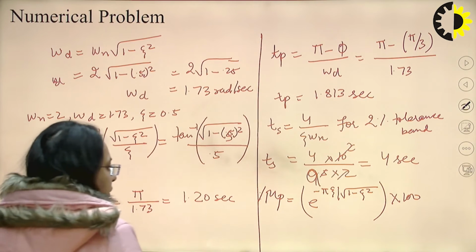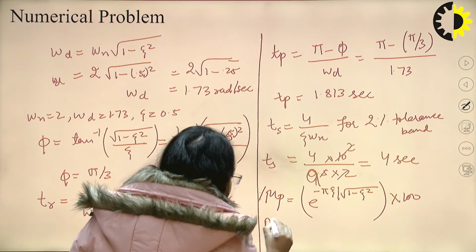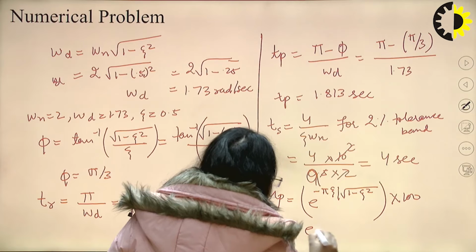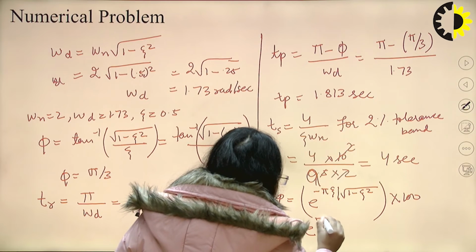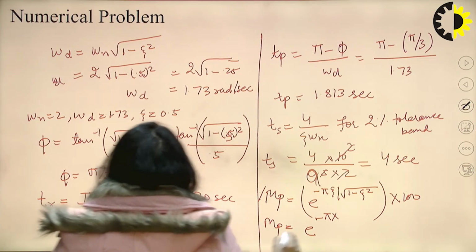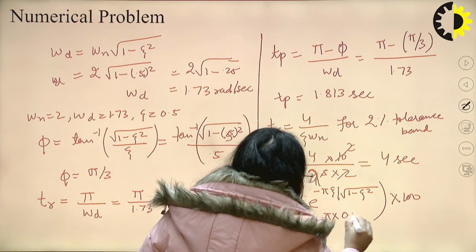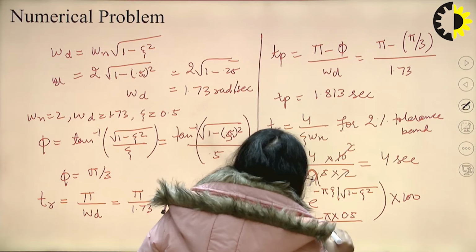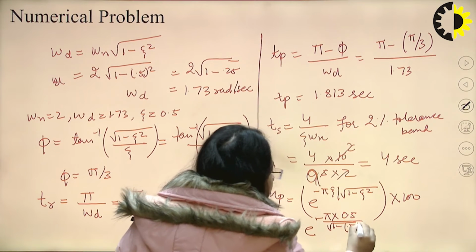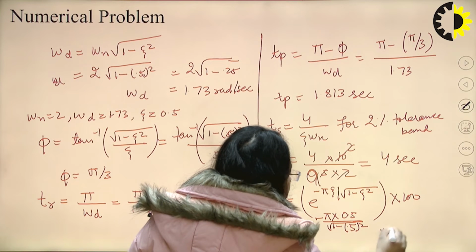So we will put the values here: e raised to the power minus pi into 0.5 upon under the root 1 minus 0.5 whole square, into 100.